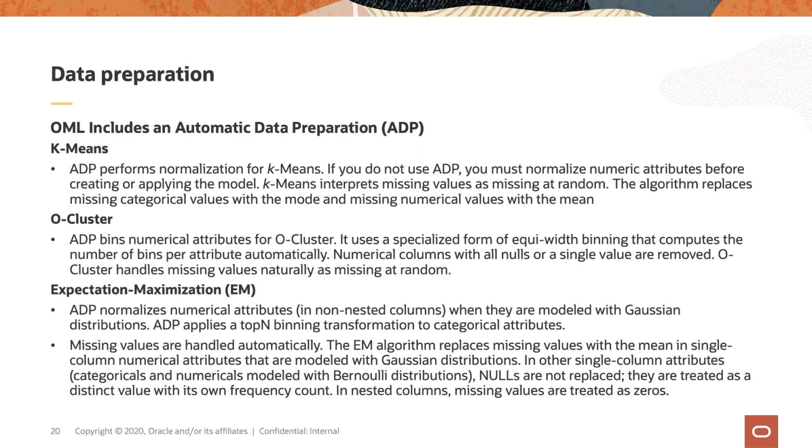So you get both normalization of the numerical attributes, and then you have a top-N binning transformation on the categorical. So you bin the categorical attributes, and then the missing values are handled automatically. There are a few special things that the model does as well when using Gaussian distributions versus the Bernoulli distributions. But you have that kind of capability, and you have those options to do so.